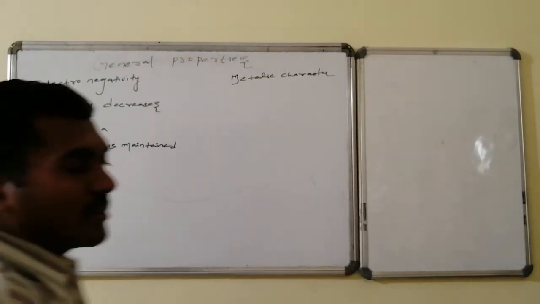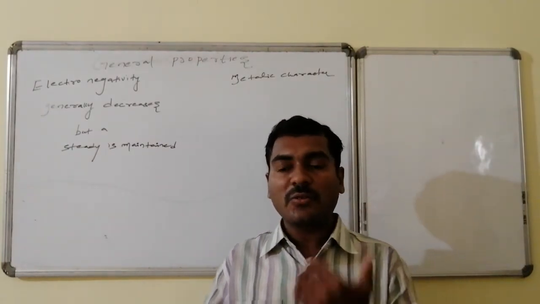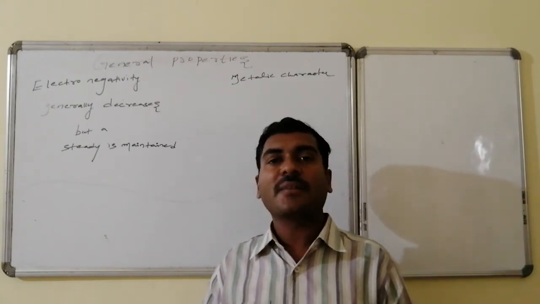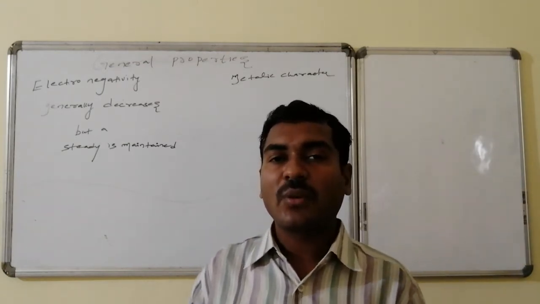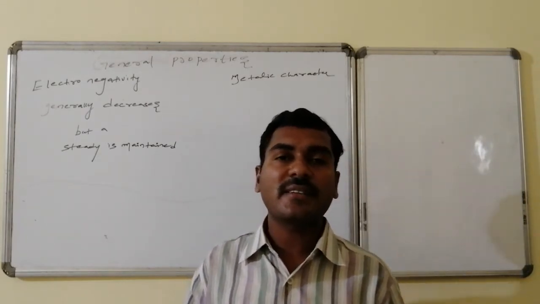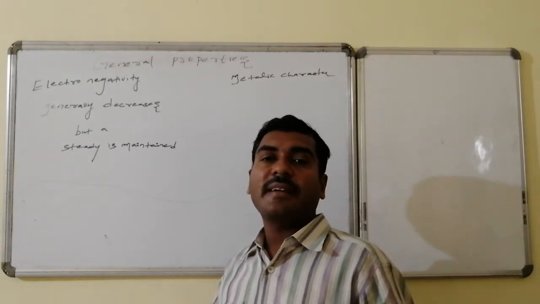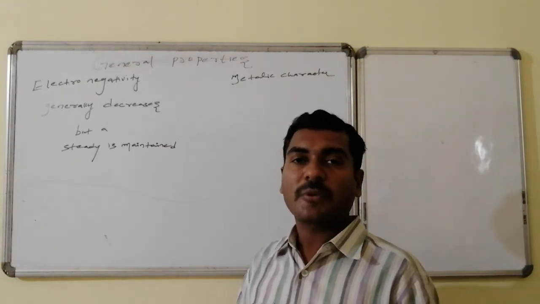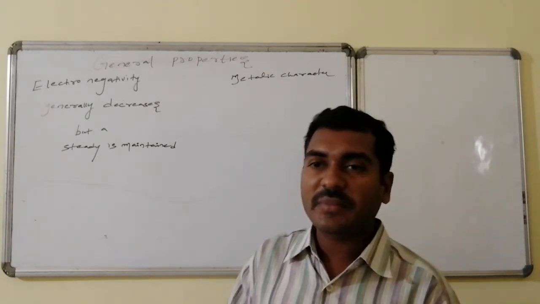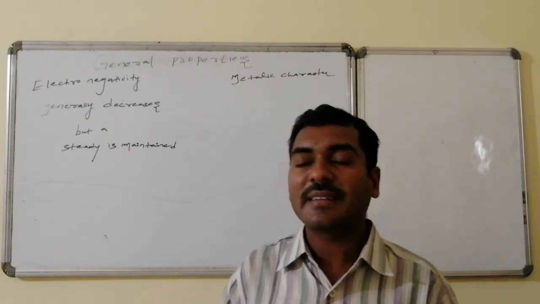Electronegativity, the ability of the atom to withdraw the shared pair of electrons towards its direction, is said to be the electronegativity. Fluorine is chosen as the most electronegative element and is taken as the reference, and its value is given as 4.0. Generally in a group, from top to bottom electronegativity decreases. Here also we expect the same to a certain extent, but a steady value is maintained in the other elements.